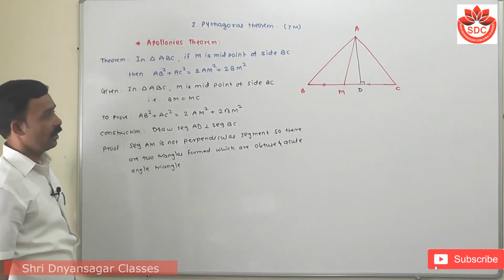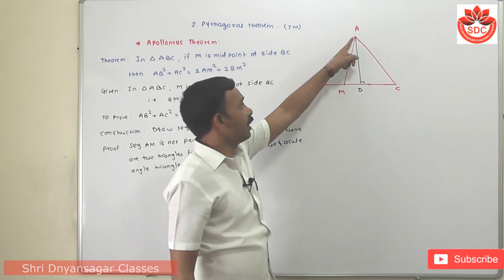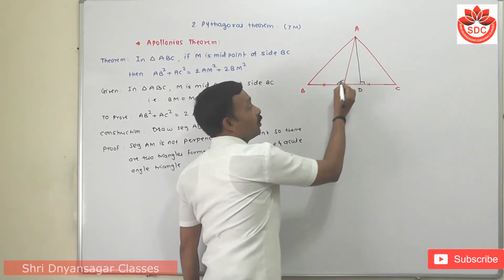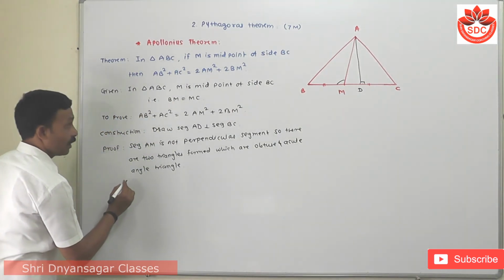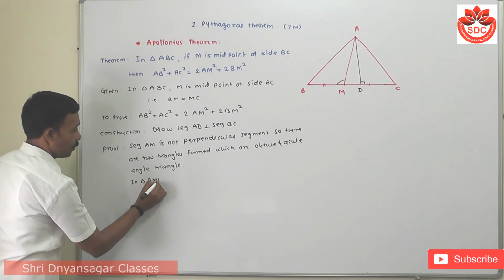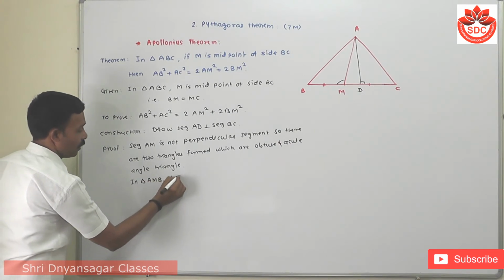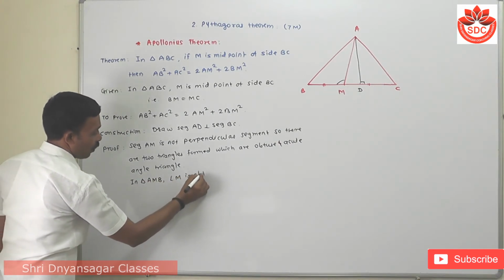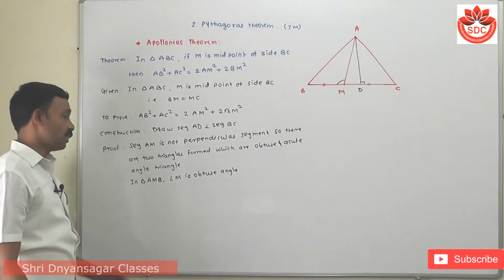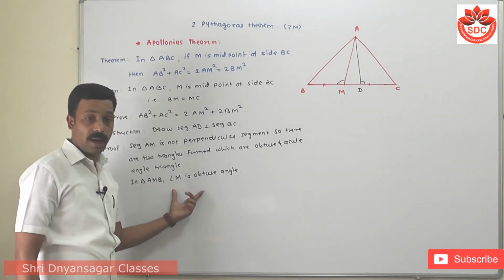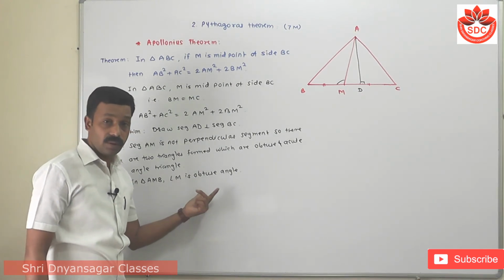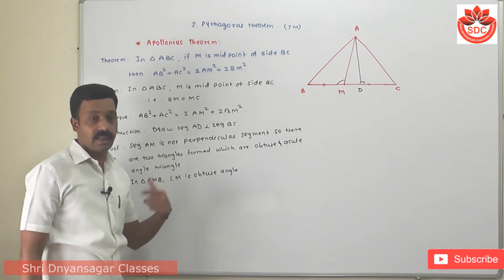Now first I have taken triangle AMB. In triangle AMB, angle M is obtuse angle. Student, we already discussed these applications of Pythagoras theorem. If this is an obtuse angle, then the sign is positive, and for an acute angle, the sign is negative.